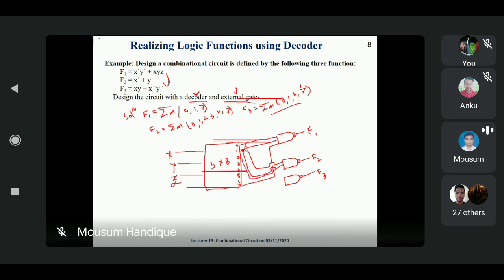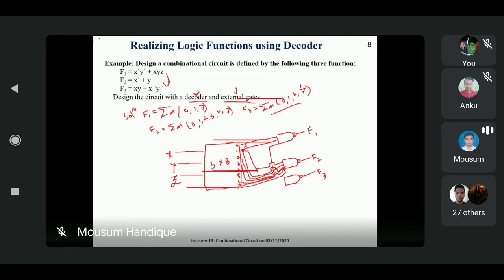Just you can check this one. 2, 3. So this one is 3. 3, 6, 7. This one is 6. Just carefully check, because this one is 7 and this one is 7. And F3 is 0, 1. So this one is 0.